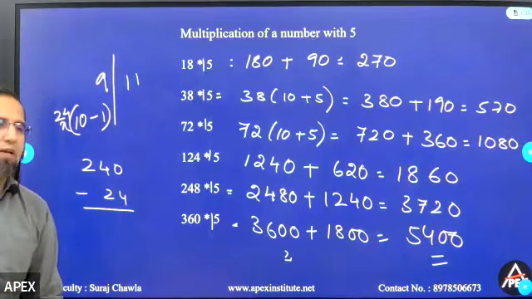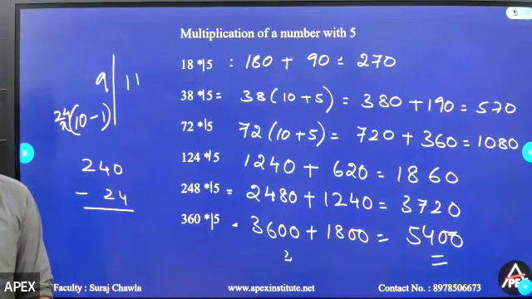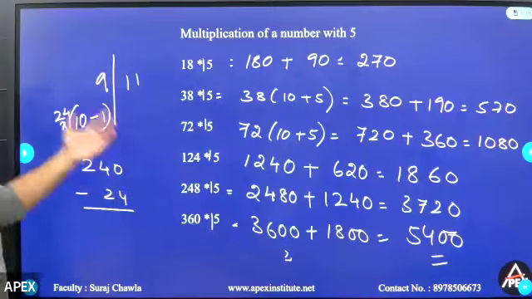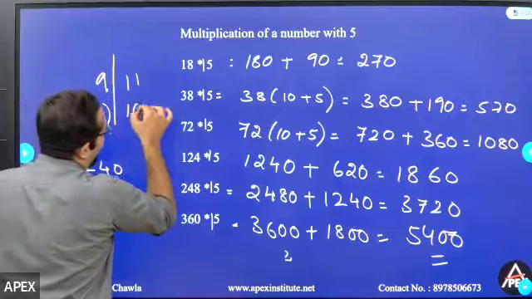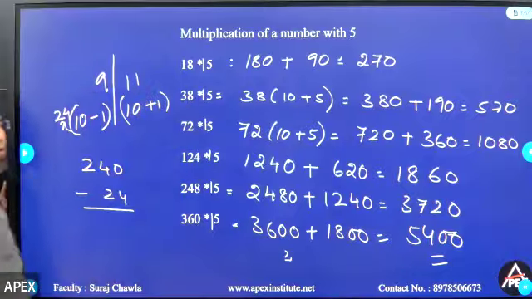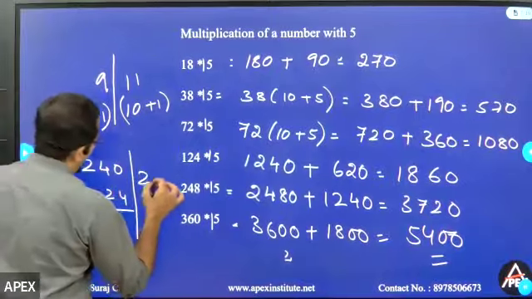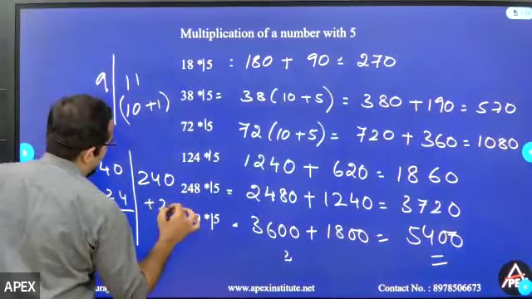So, that becomes 216. Similarly, suppose I ask you 24 into 11. So instead of 10 minus 1, I can write 11 as 10 plus 1. So that becomes 24 into 10 plus 24 into 1. Or in short, that is nothing but 240 plus 24.